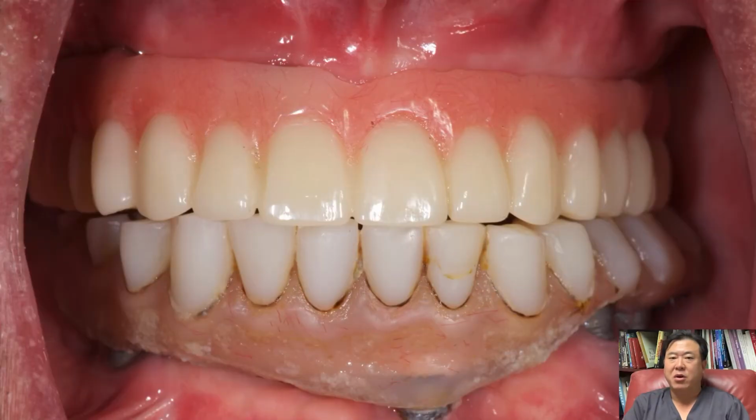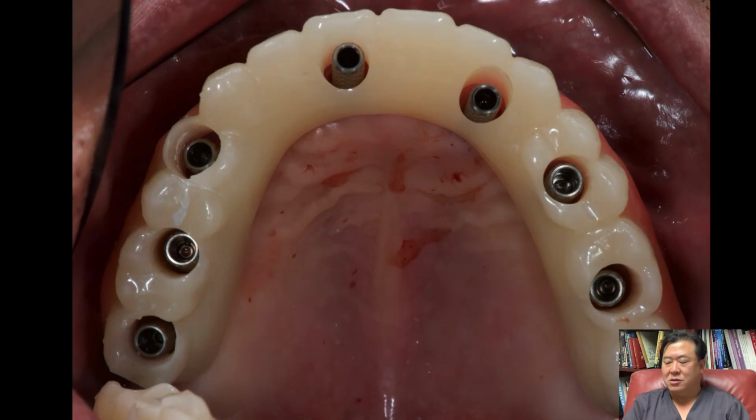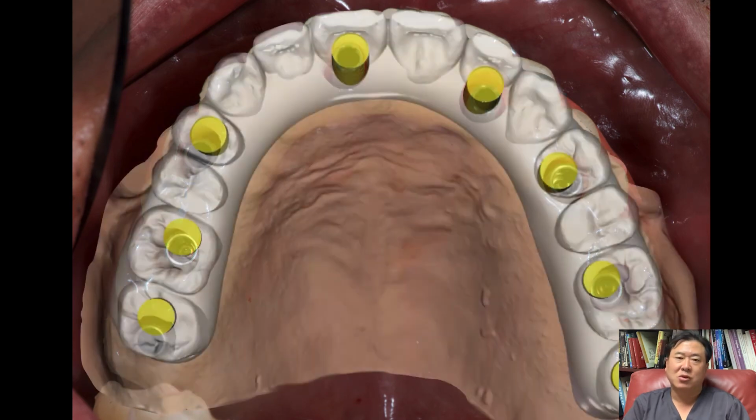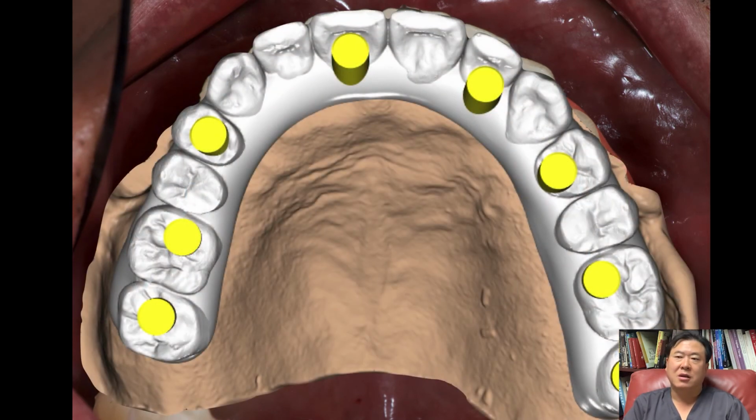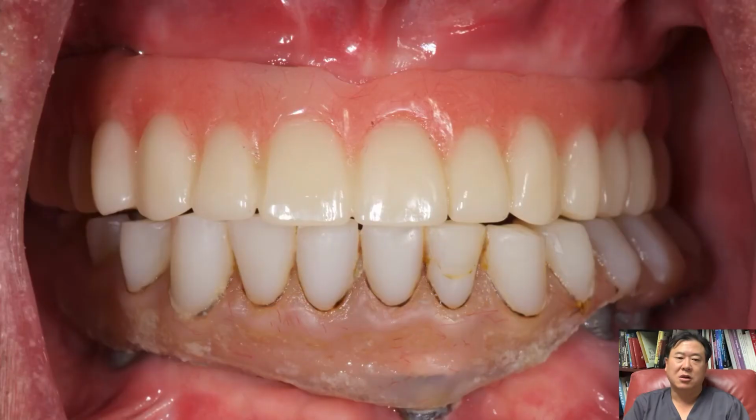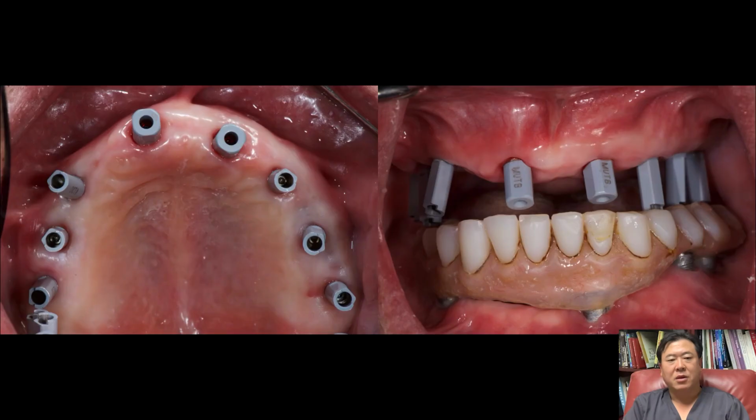And when you compare the surgical planning to the actual surgery result, it closely resembles each other. Upper PMMA provisional restoration was completed after the surgery, and patient used it for a couple of months. After all the implants healed well, scan bodies were connected and impressions were made.